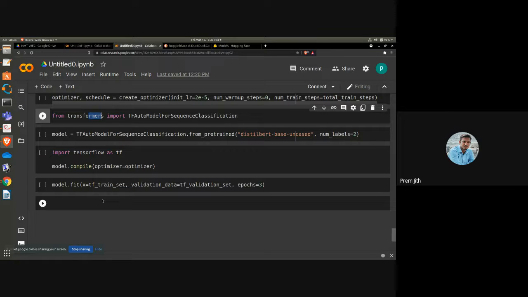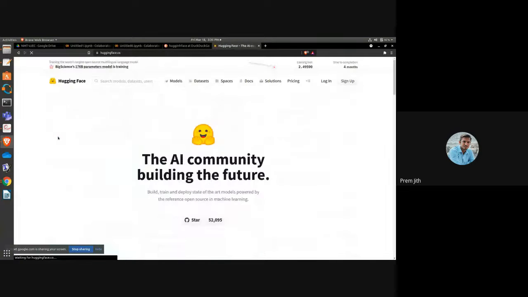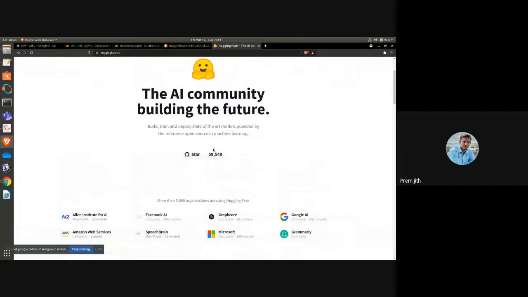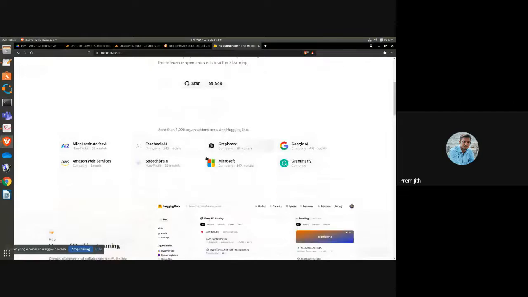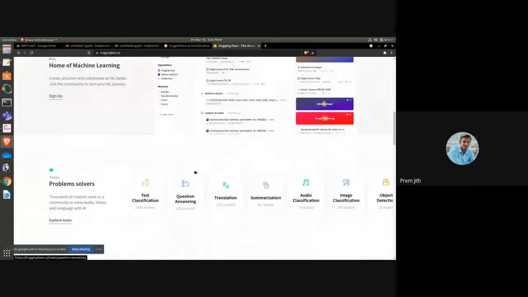Similar kinds of pre-trained models are there in the Hugging Face transformers package. I can show you a few examples from that package, Hugging Face. Even Google, Amazon, Grammarly, etc. are using Hugging Face.